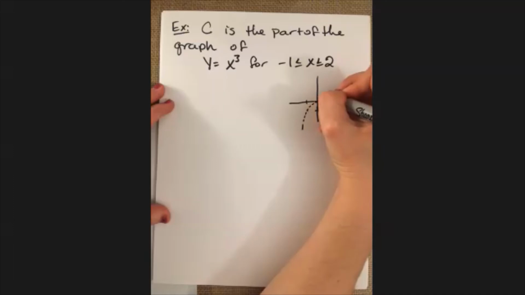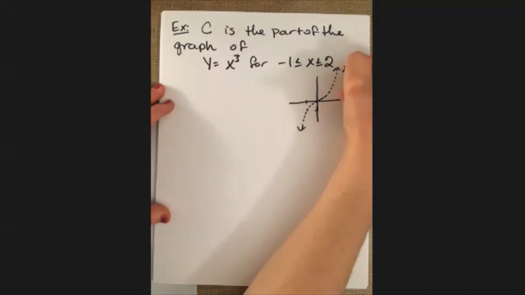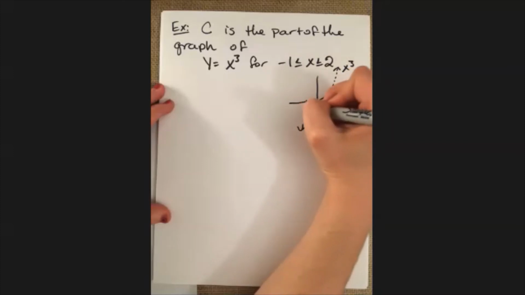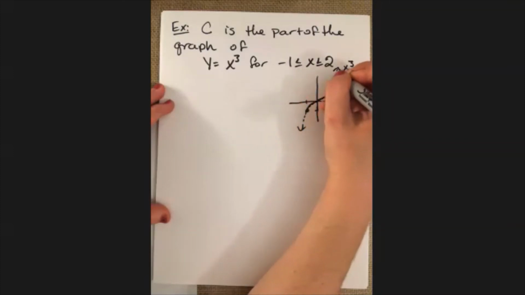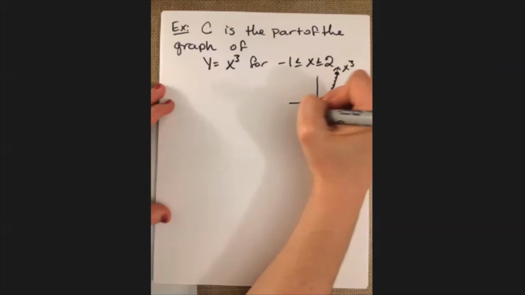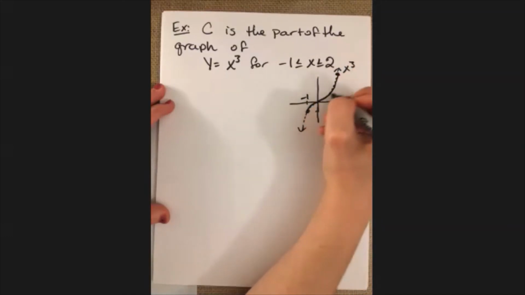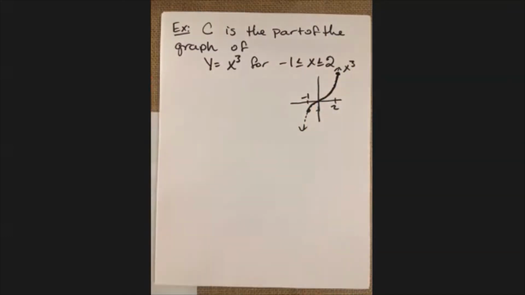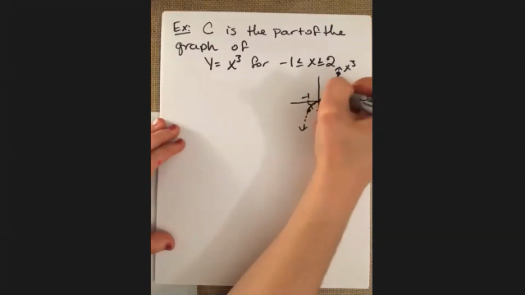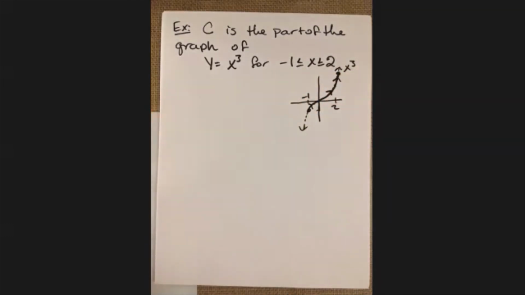If this is our curve, x cubed, we're looking at this curve right here, just this portion of the curve, that little stretch. So we're going to parameterize that starting here, and we want it to move up in that direction.